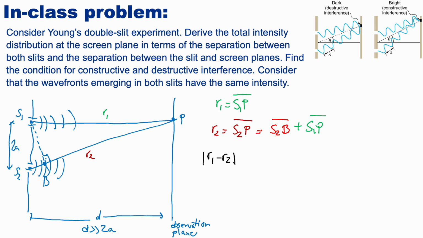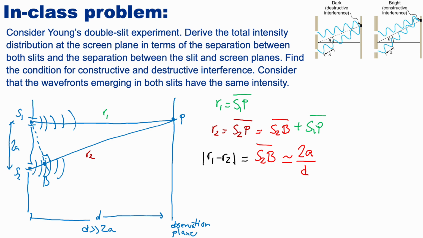we know that this is the only difference in path length, the optical path difference between both waves. It's only the distance S2 to B, and for values of d really far away compared with the distance between the two holes, which are infinitesimal, it can be approximated as 2a over d, through trigonometry.